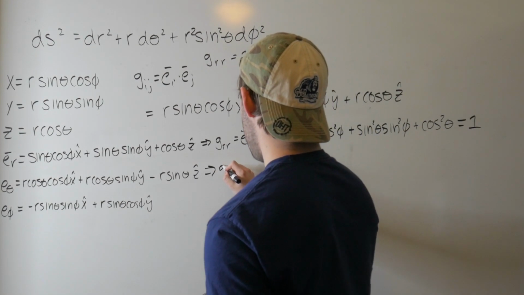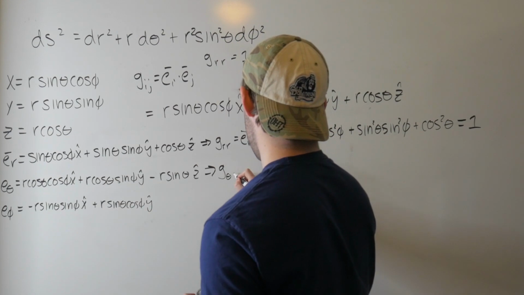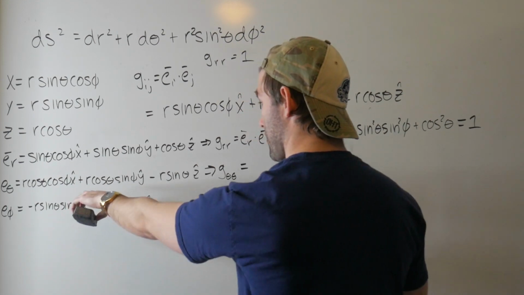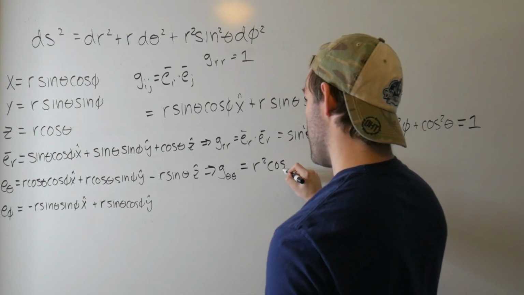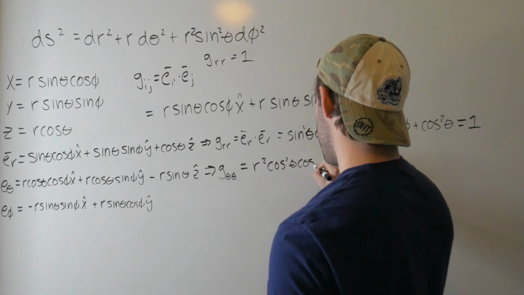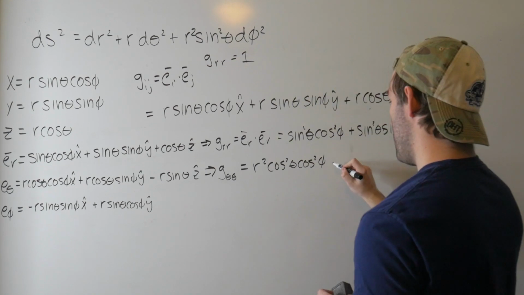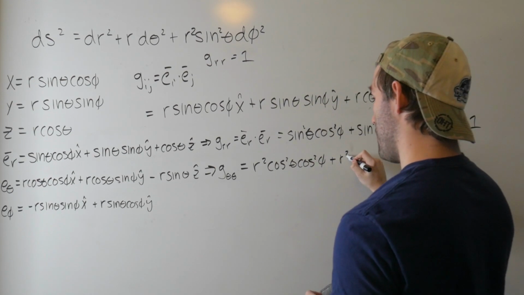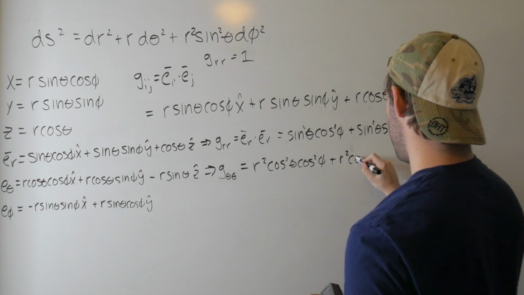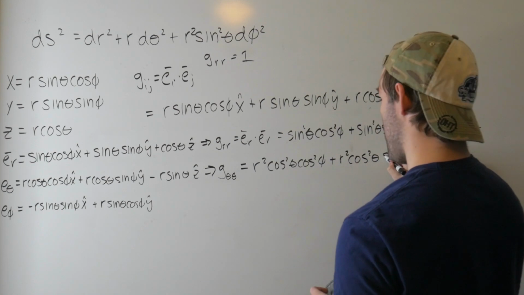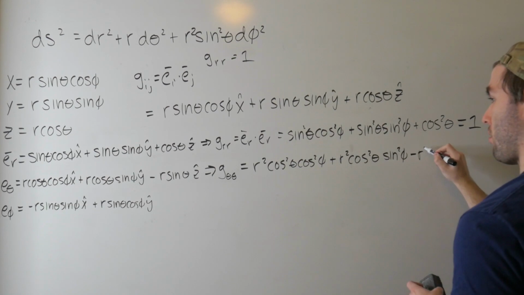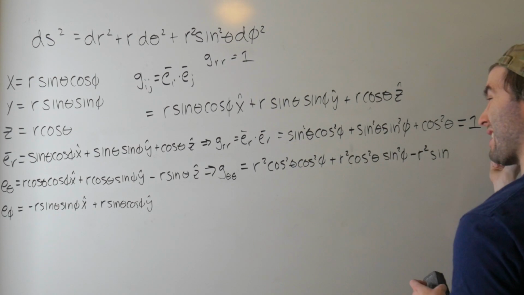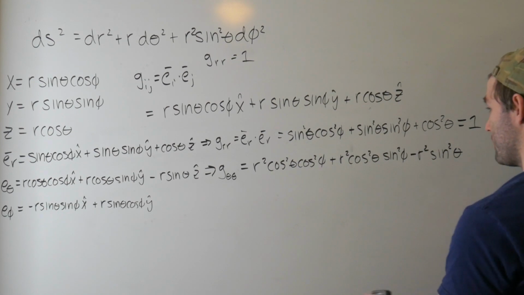So g theta theta is equal to, let's do this dot product, so that's going to give me an r squared cosine squared theta cosine squared phi plus r squared cosine squared theta sine squared phi minus r squared sine squared theta.